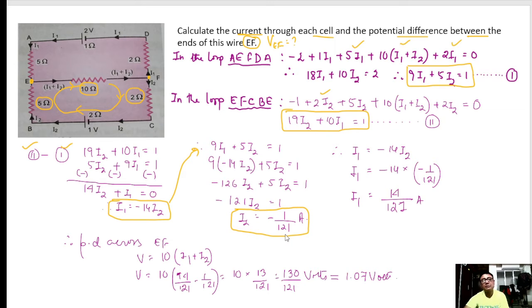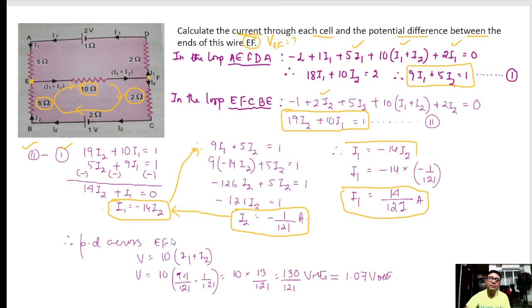That means the direction of I2 should be opposite because minus has come. Now putting the value of I2 in this relation, we get the value of I1, which is 14/121 ampere. So it is coming positive. That means we have taken the direction of I1 correctly.